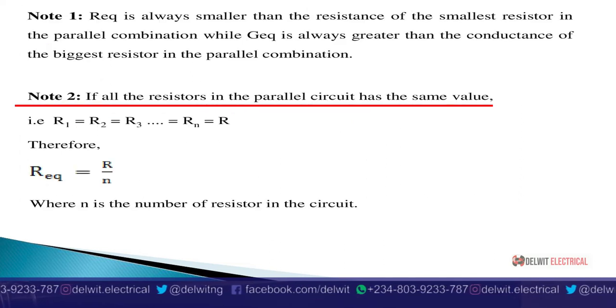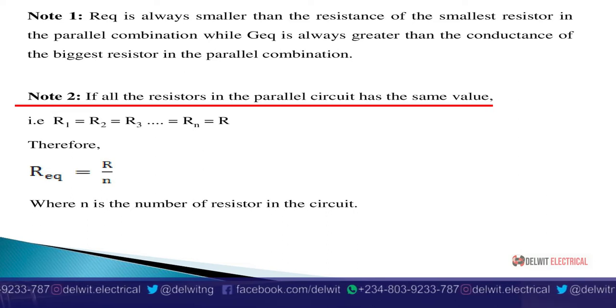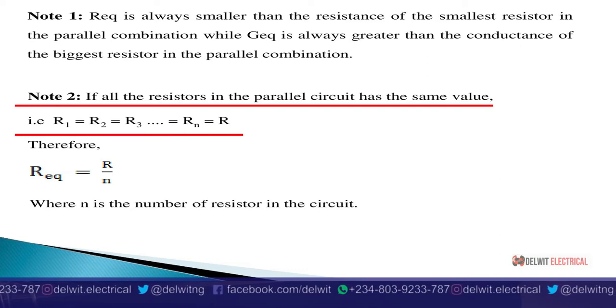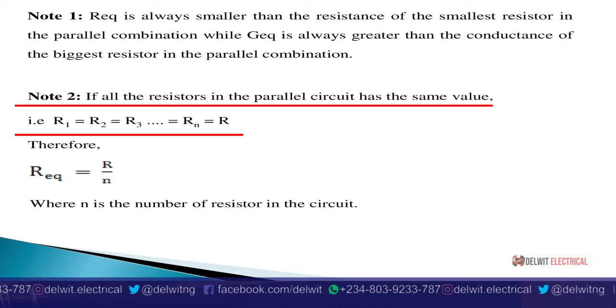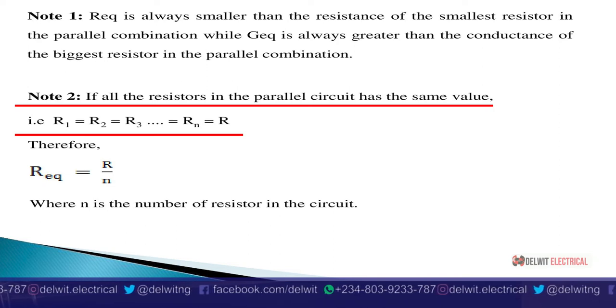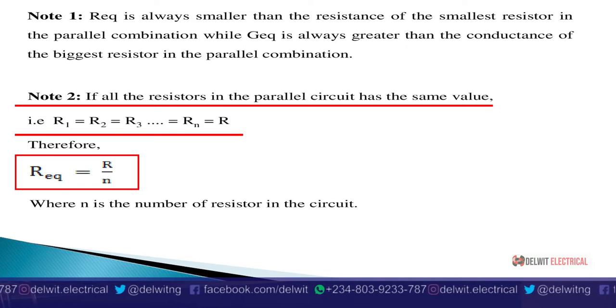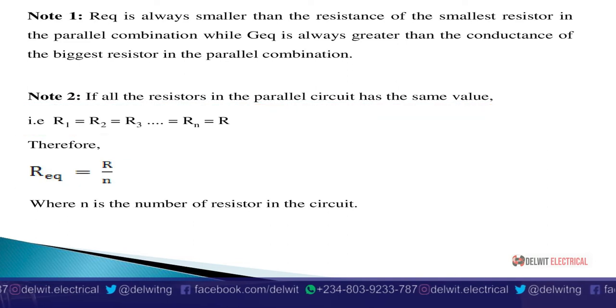Now note, if all resistors in the parallel circuit have the same value, that means if R1 is equal to R2 is equal to R3 is equal to Rn, which is equal to R, then our R equivalent will be equal to R over n, the number of resistors in the circuit. What do I mean?